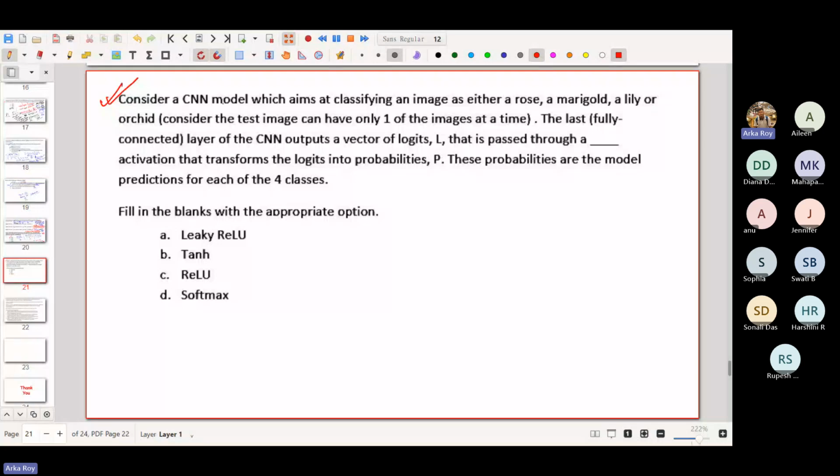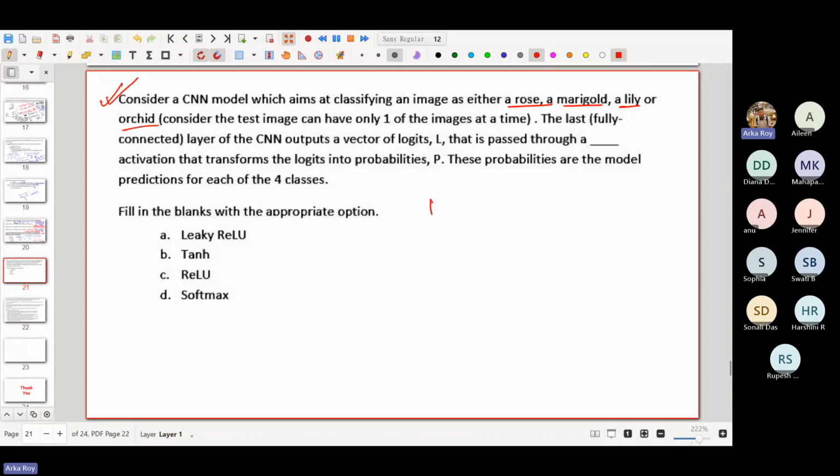So it tries to classify into 4 different classes, right? What sort of classification problem is this? We have seen in theory classes that there are two sorts of classification tasks: one is binary classification, one is multi-class classification. So first tell me what sort of classification task is this one? Multi-class classification. Yes.